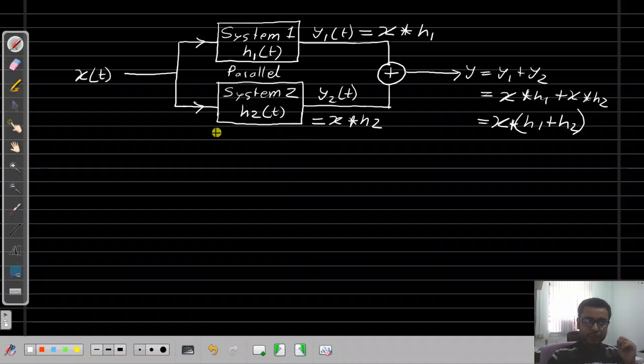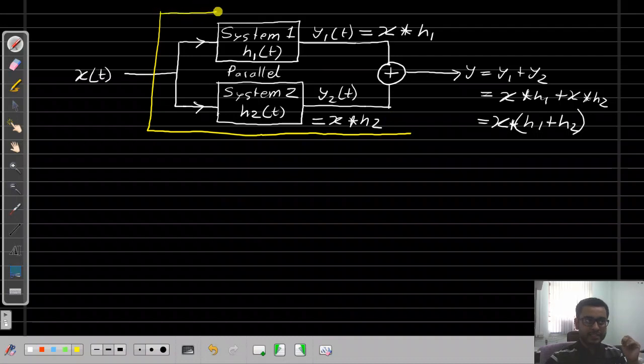Now suppose you want to replace these two systems together by one single system.